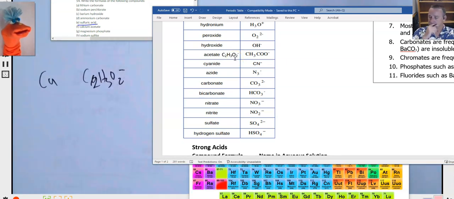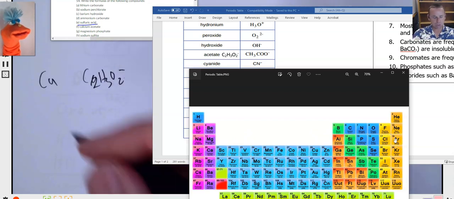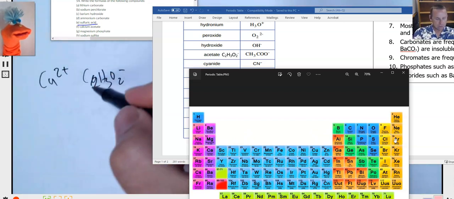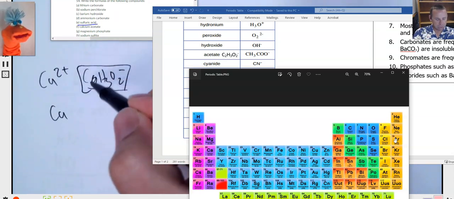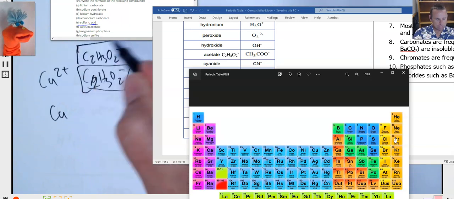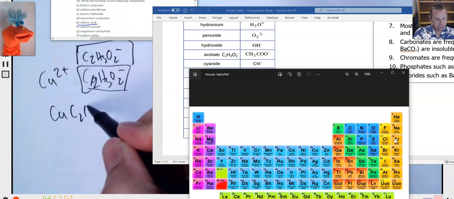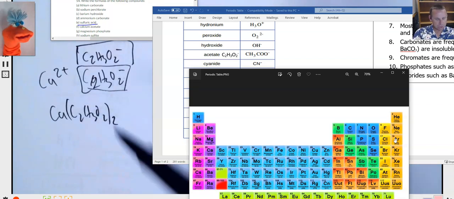Do you know the charge on the calcium? Calcium is +2. It has 20 electrons and loses 2 electrons to get to 18, so it's a 2+ ion. So I'm going to need how many of these? 2. C2H3O2, two of them. So Ca(C2H3O2)2.